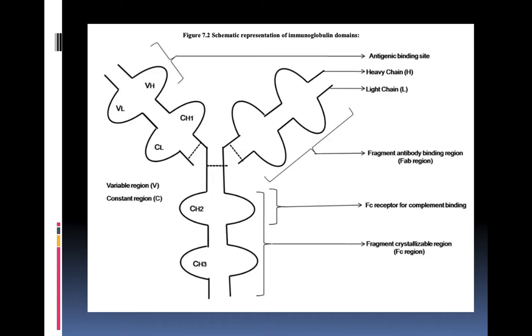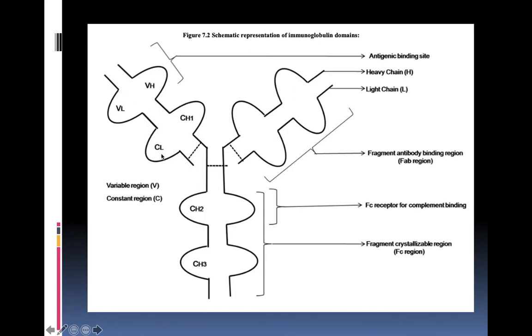In our light chain, there is one variable region that is immunoglobulin in type, and our constant region is also immunoglobulin in type. While for the heavy chain, the variable region also comprises one immunoglobulin domain, while the constant region might be three to four.